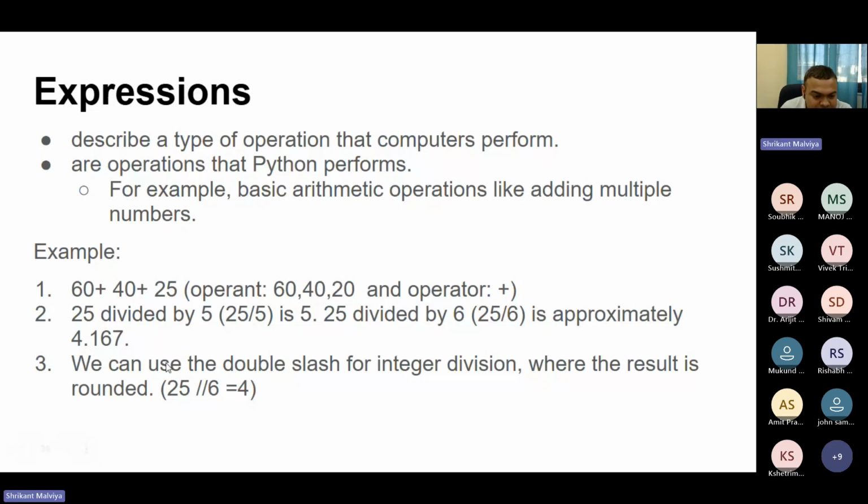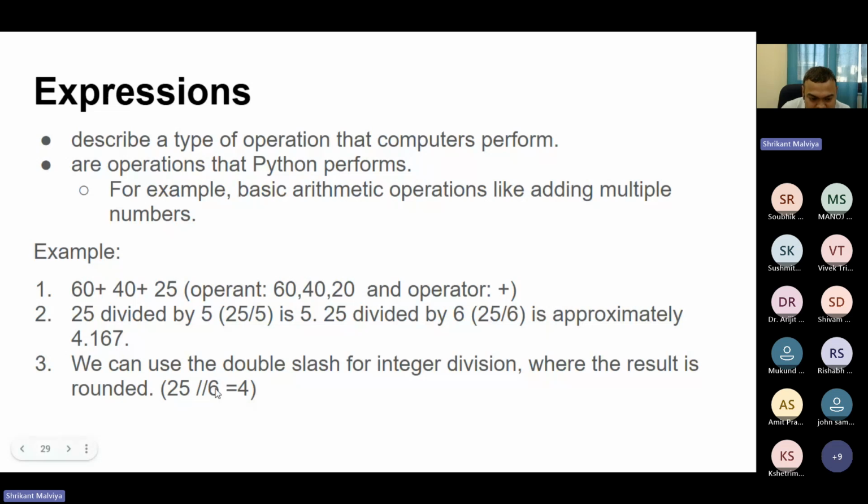25 divided by 5, this is also an expression. 25 double slash 6 is a specific type of operator which performs the division but the output would be rounded off.